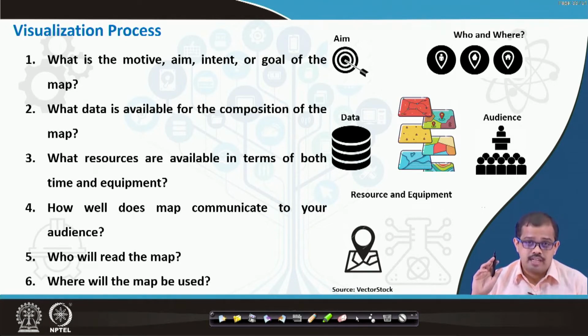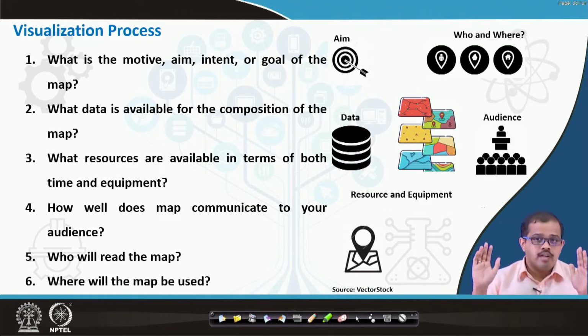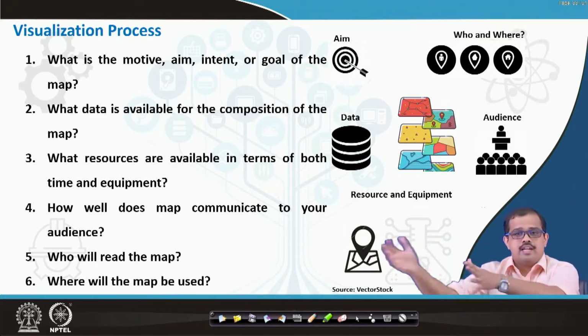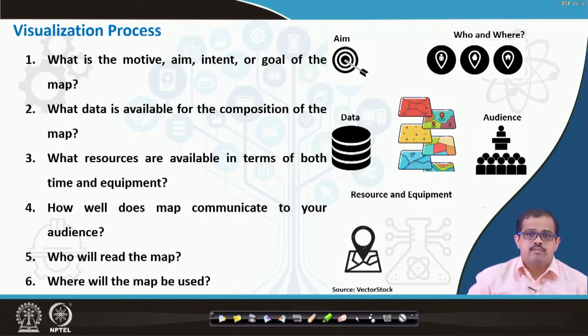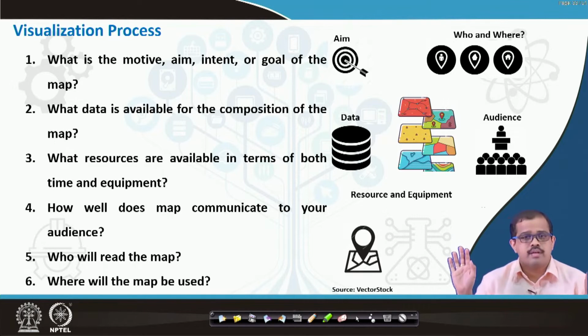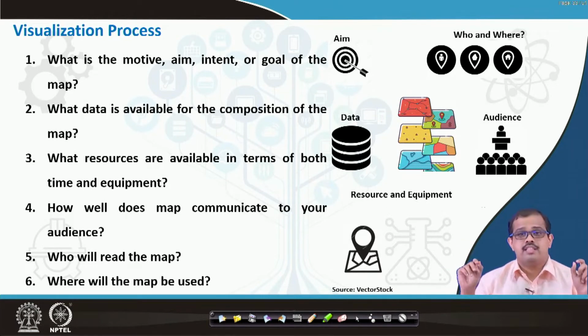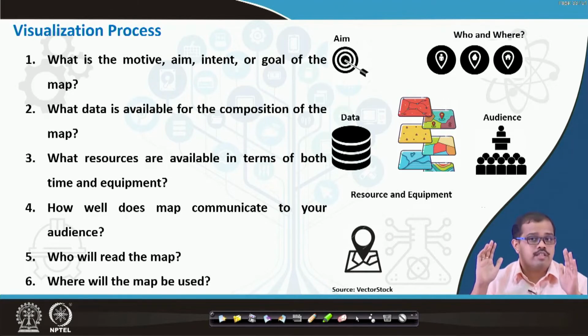So you have to understand the motive, the aim, the intent or the goal of the particular map you are generating. Let's say I have 100 or 150 data sets. It doesn't mean I create 150 maps and put them in front of you, showing that I have created all of these maps. What is the use of these maps? The intent of any application is served only when you have certain useful maps.